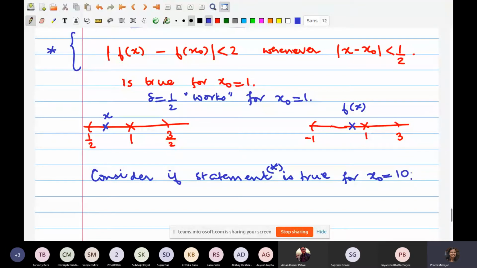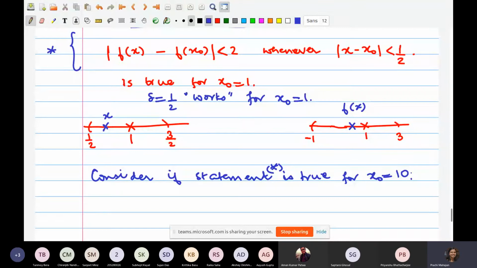So f still continues to be continuous at x0 equal to 10, which means that corresponding to every positive epsilon, there would be a delta which works. Now, I am asking if corresponding to epsilon equal to 2, does delta equal to 1 by 2 work for x0 equal to 10? That's the meaning of saying that statement star is true.